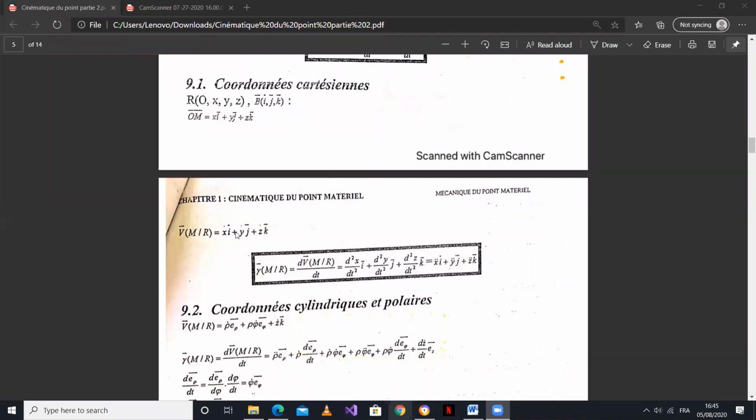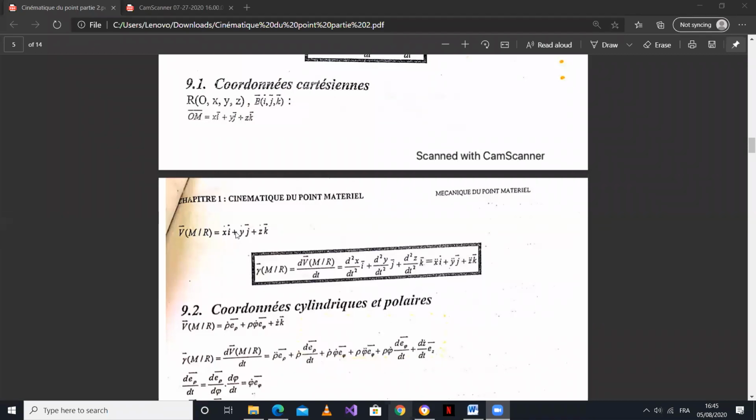So now when you're calculating the acceleration, you are just going to derive the vector position. Sorry, not the vector position, but the vector vitesse. The vector of vitesse is x dot i, y dot j, plus z dot k. So the acceleration now, we're just going to derive them twice. So we'll just put 2 points.